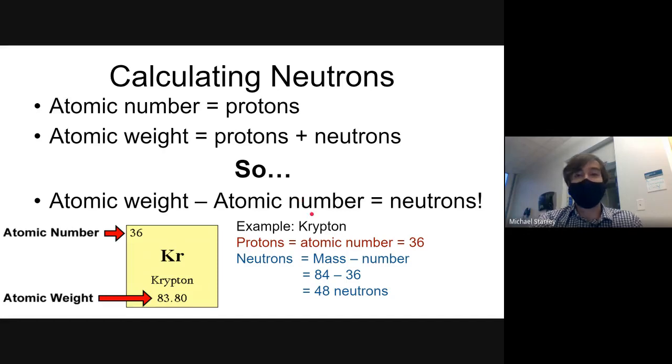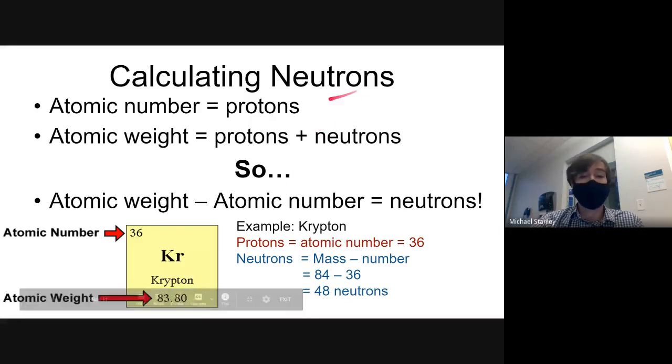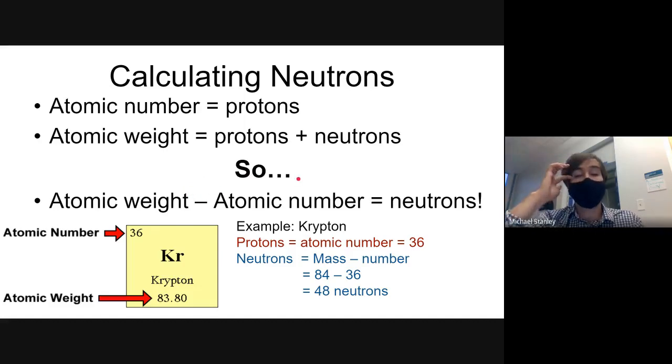So we know that krypton has 36 protons, because that's the atomic number. And to figure out neutrons, we do weight minus the atomic number. So if we do our weight of 84 minus our atomic number of 36, we get 48 total neutrons.